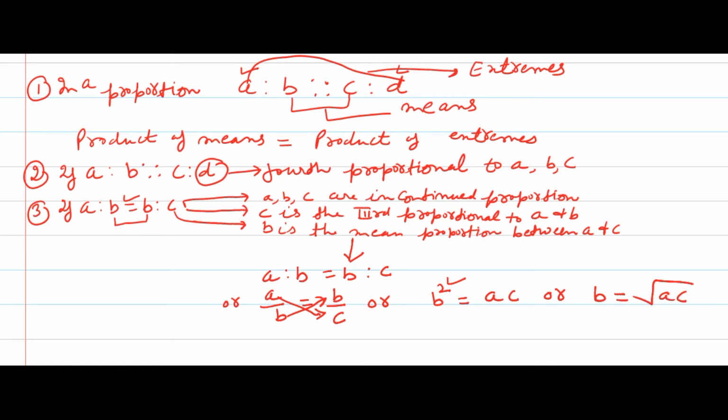Right, so we can say that the mean proportion between A and C is root AC. This is the formula for mean proportion.